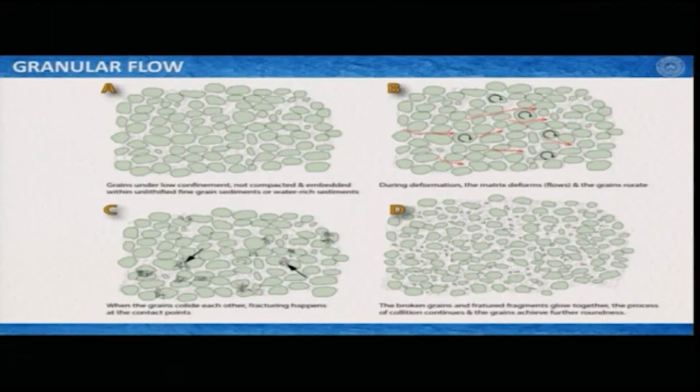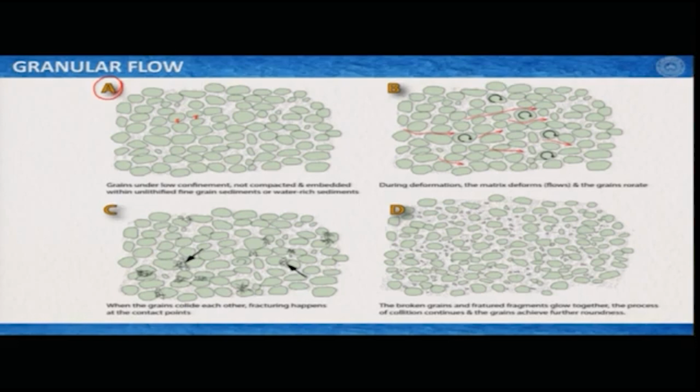In a very similar illustration, I tried to show you how it works. This is illustration A, where the grains are under low confinement. They are not compacted, so they are not lithified, and they are embedded with unlithified fine grained sediments or water rich sediments, which are the little dots. Because they are not lithified, they have ample spaces between the grains.